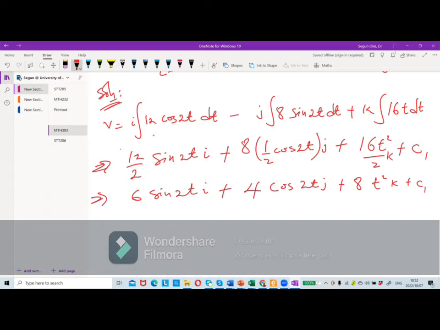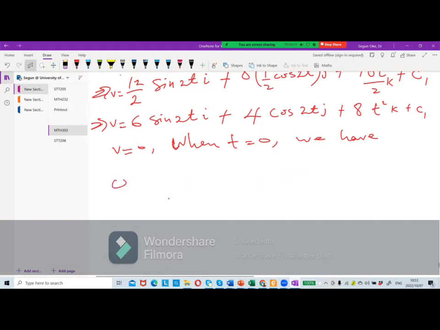Now, putting v to be 0, and when t also equals 0, anywhere you see t, substitute 0 there.